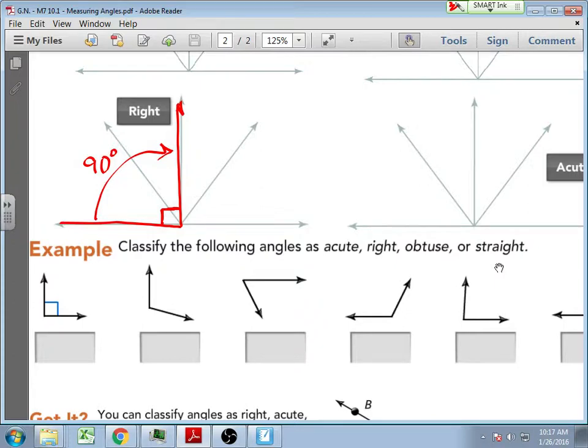So I make a square in the corner to show that has to be 90. Now if I start on my other ray and come this direction, go straight up the same line, I can get another 90-degree angle on the other side, and two 90s will always make a straight. They're always so straight. Two rights make a straight. Which actually, when you're driving, that's not true. Two rights make a U-turn.